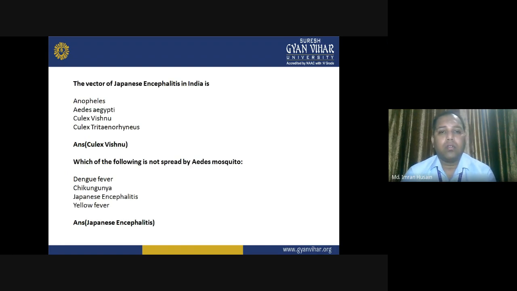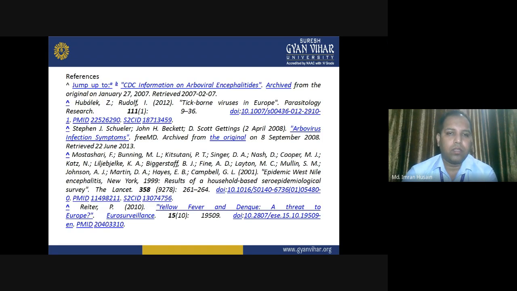The vector of Japanese encephalitis in India is Culex vishnui. Which of the following is not spread by Aedes mosquito? Japanese encephalitis.